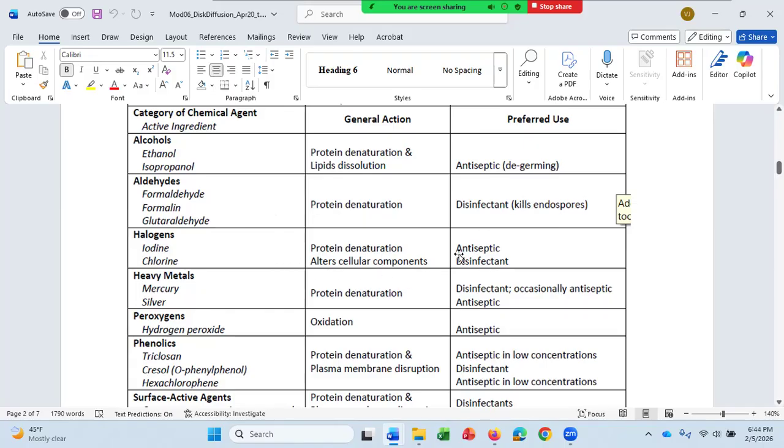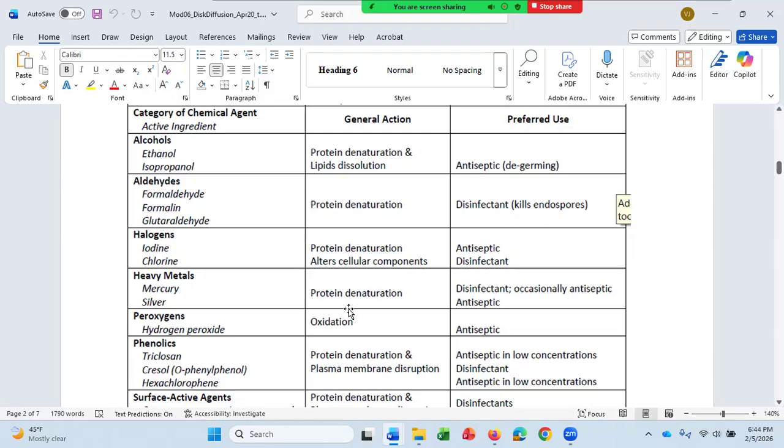Tincture of iodine is used as an antiseptic. It doesn't kill endospores. Chlorine bleach used as a disinfectant most of the time, like when you use it on your toilet, does not kill at least 50% of endospores, depending on the species. The point is that even chlorine bleach, a very strong disinfectant, does not kill all endospores.